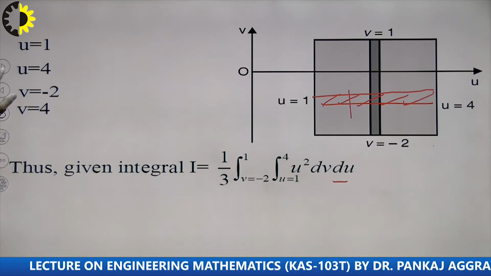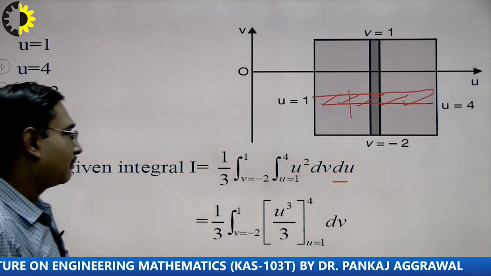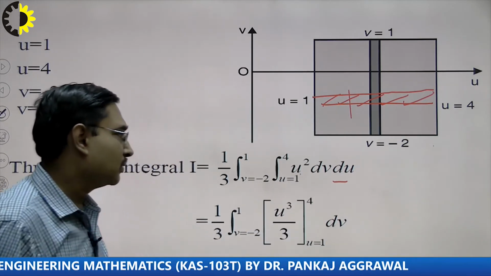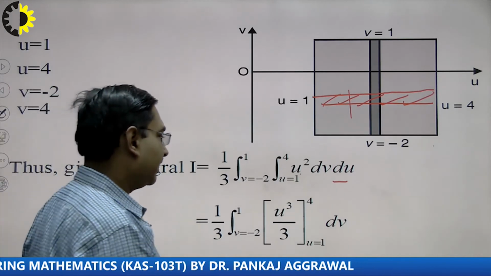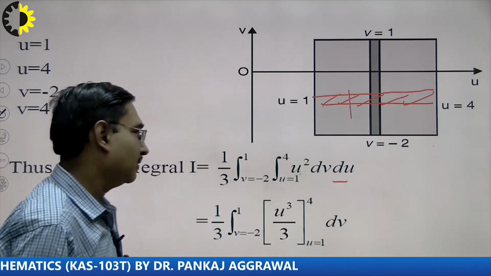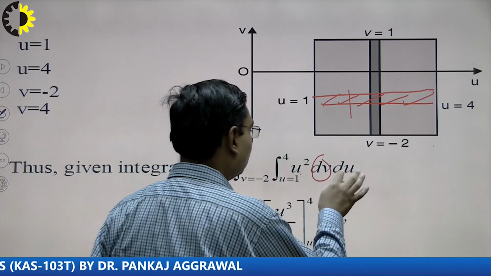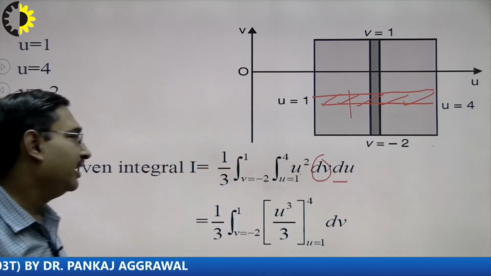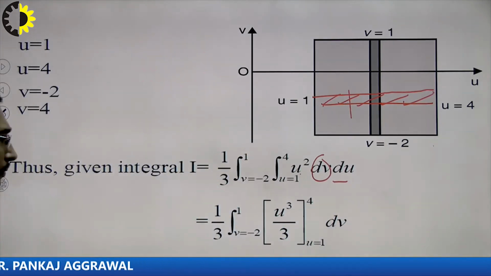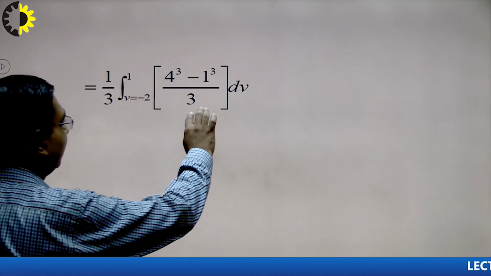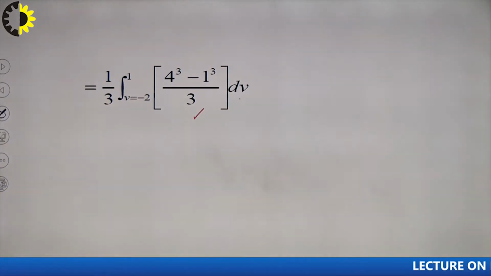Now, we shall evaluate this integral. The u square when integrated will give u cube upon 3, because the limits of u are varying inside. So, we have integrated first with respect to u. Applying limits will give 4 cube minus 1 cube upon 3 dv.